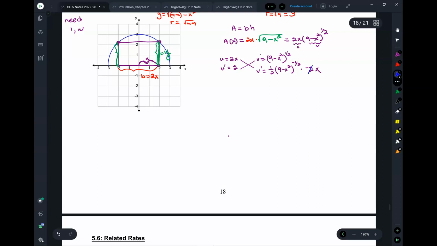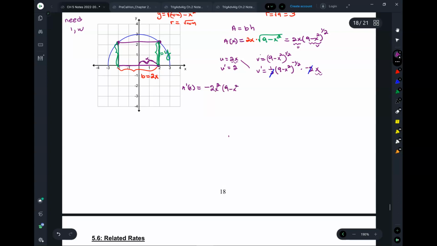And now the 1/2 cancels with the 2. So let's see what we have. A prime of x is equal to, the first term here is going to be negative, so I'm going to combine these two. I have 2x here and another x there, so negative 2x squared.